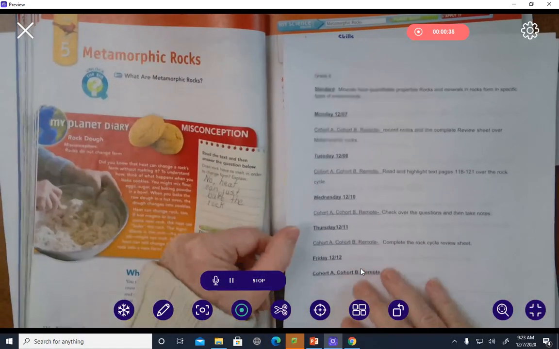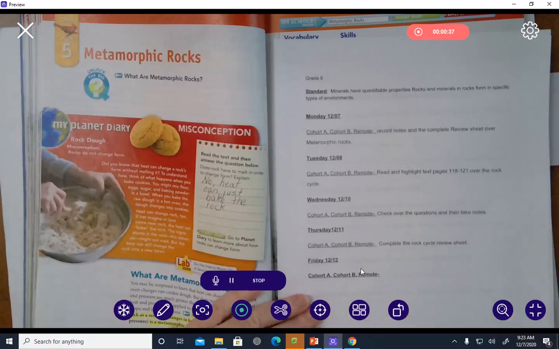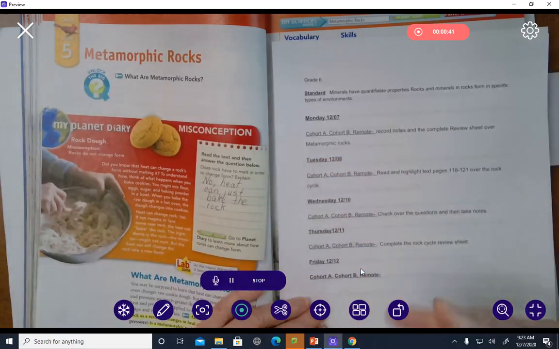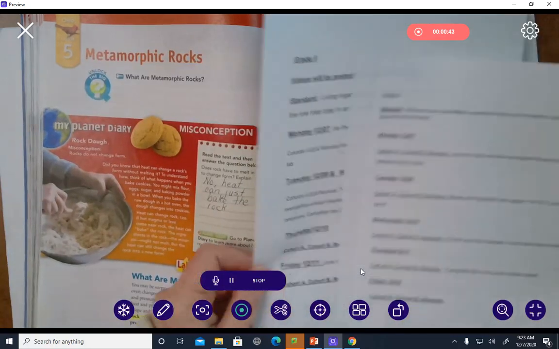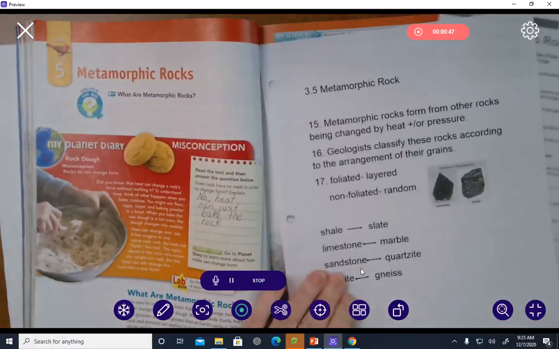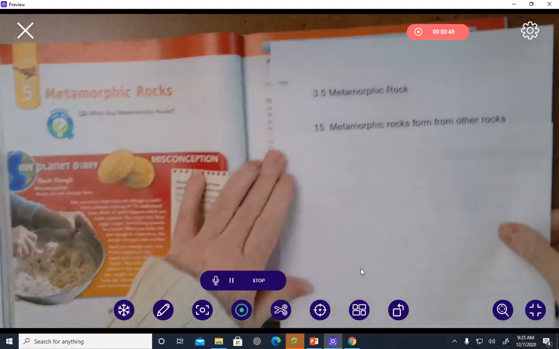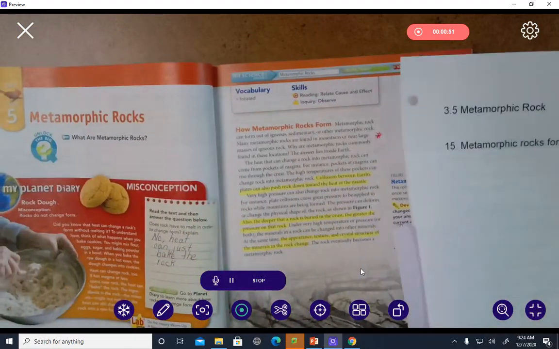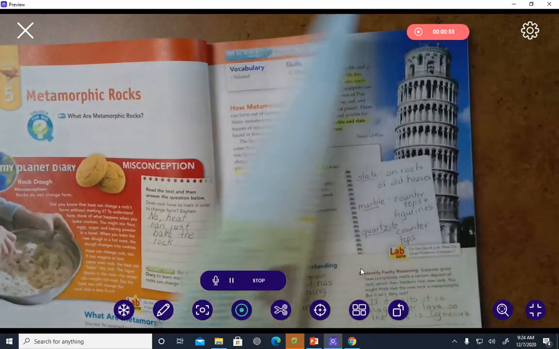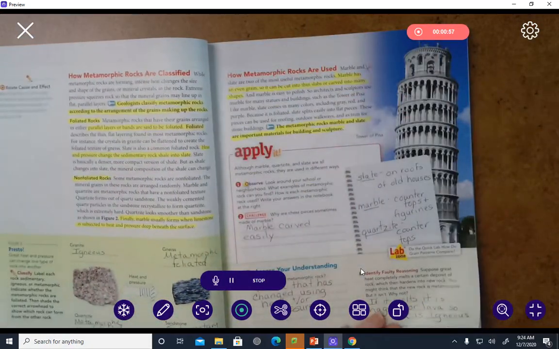So today's video/science class, we are supposed to record notes and then complete the review sheet over metamorphic rocks. So let's get our notes out here, and I will cover up some of them. It is over metamorphic rocks, from page 114 to, I think this is 117.